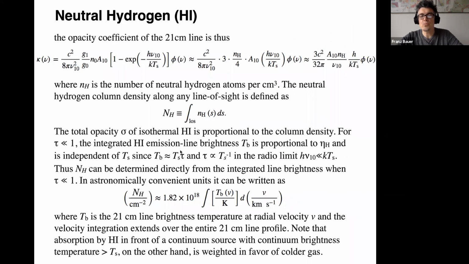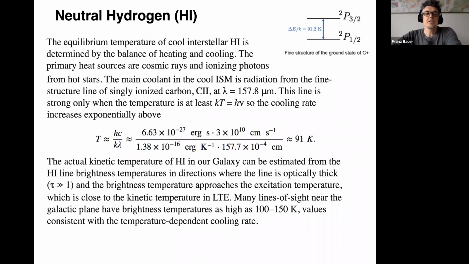And so then we have an estimate for the optically thick regions of what T_S is. Whereas in the optically thin regions, T_B is constrained by the column density. So that allows us to understand the variation in the temperature and the density. In general, the brightness temperature will approach this excitation temperature. It'll be close to the kinetic temperature, LTE.